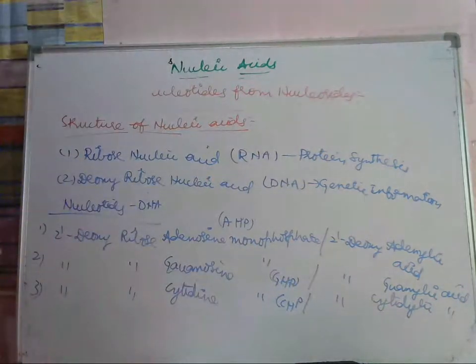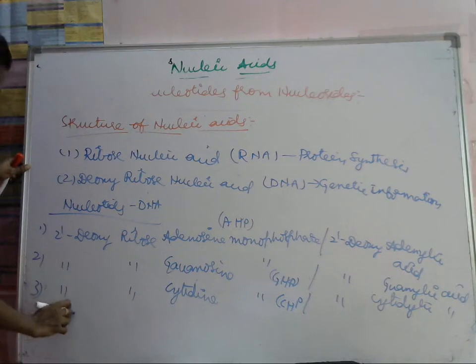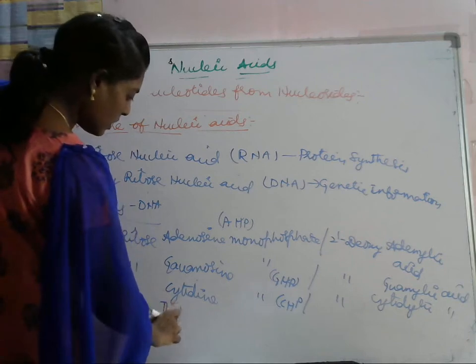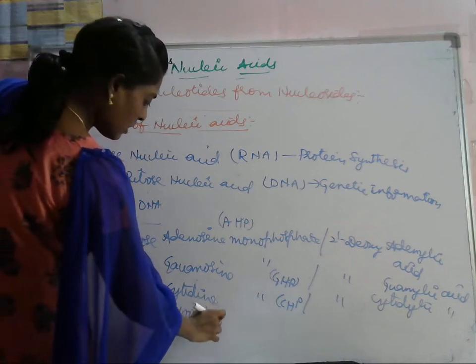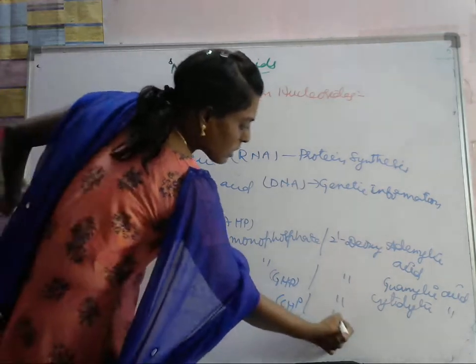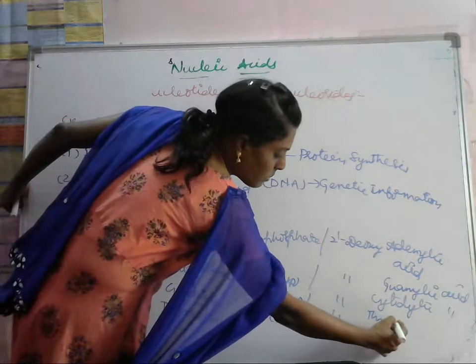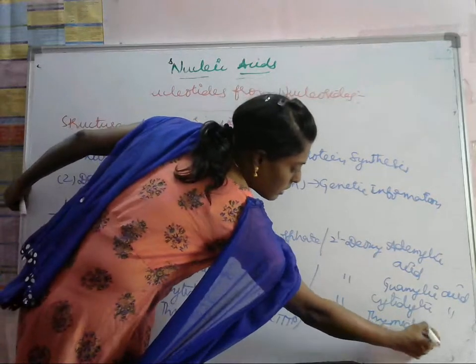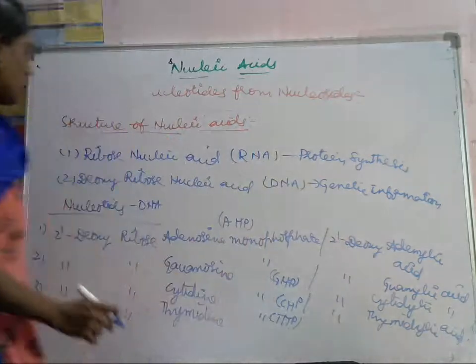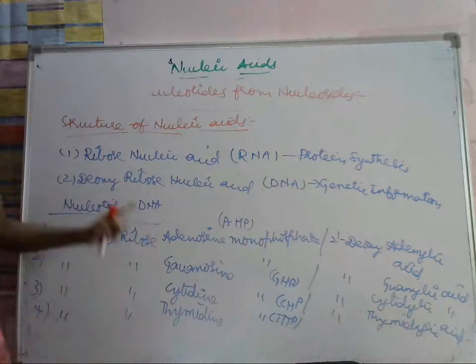Next one, thymidine, which we can write as thymidylic acid, 2' deoxyribose thymidine, called TMP. So these are the 4 nucleotides present in DNA.